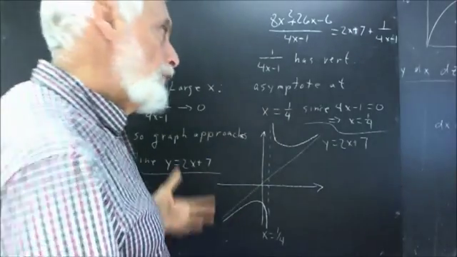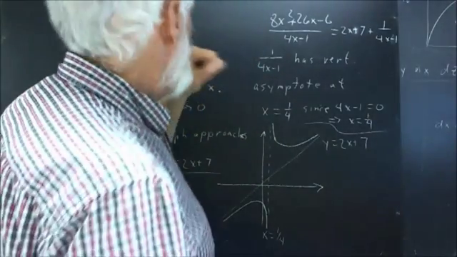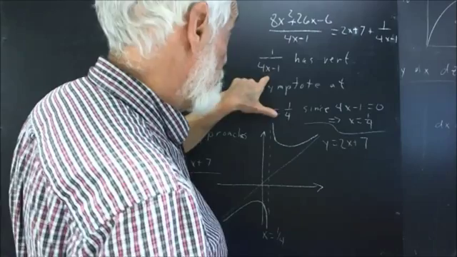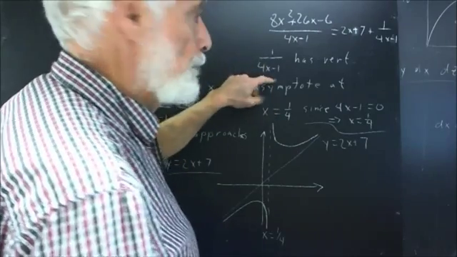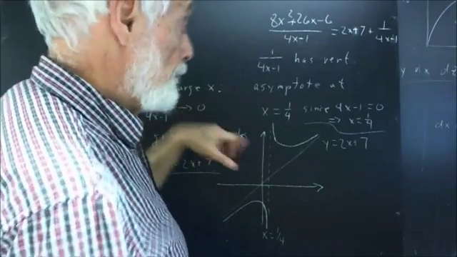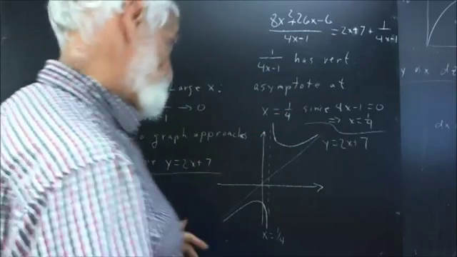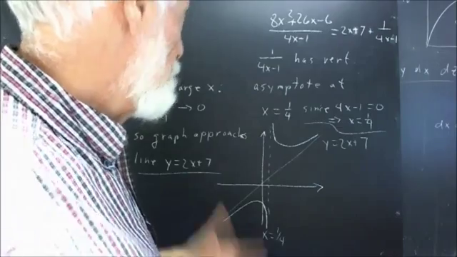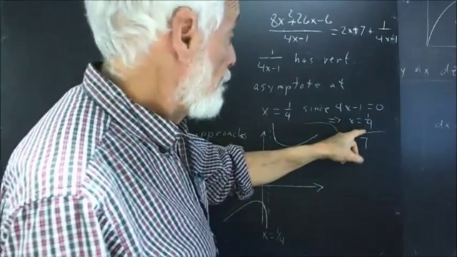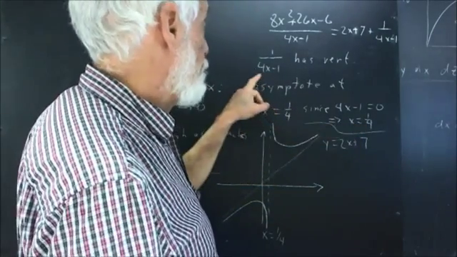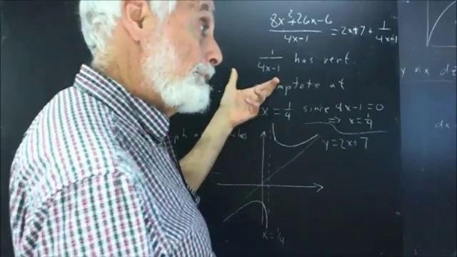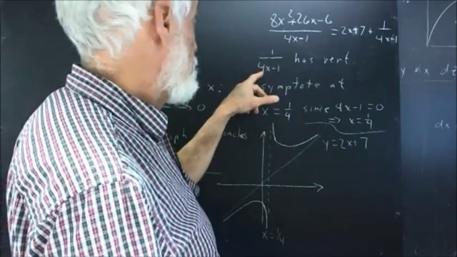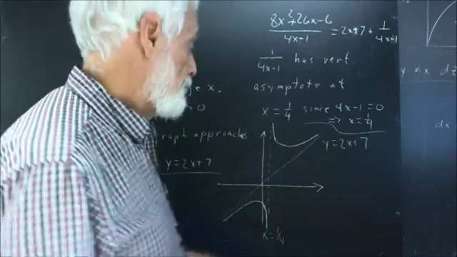So as x approaches 1/4, this can approach infinity or negative infinity. Let's think about whether 4x minus 1 is positive or negative. If x is a little bigger than 1/4, then 4x is a little bigger than 1, which makes this positive.